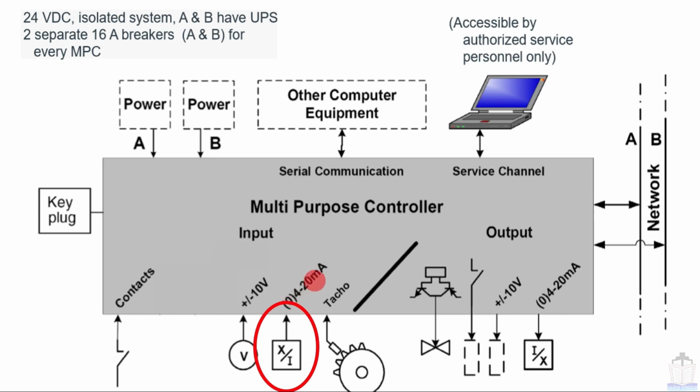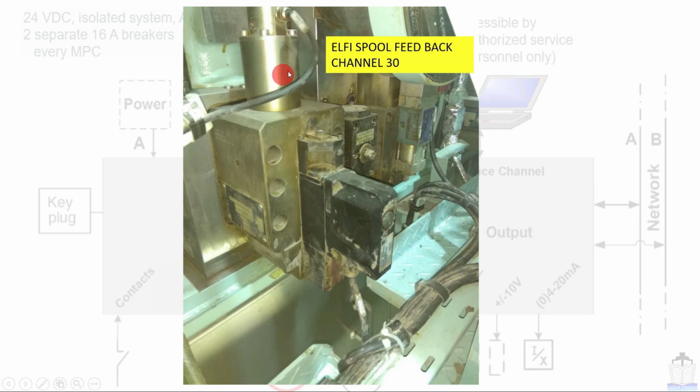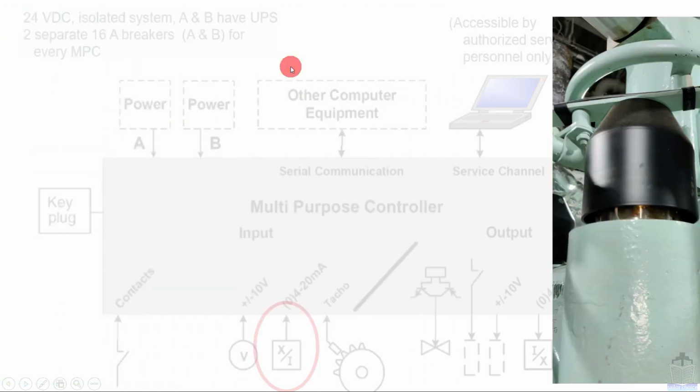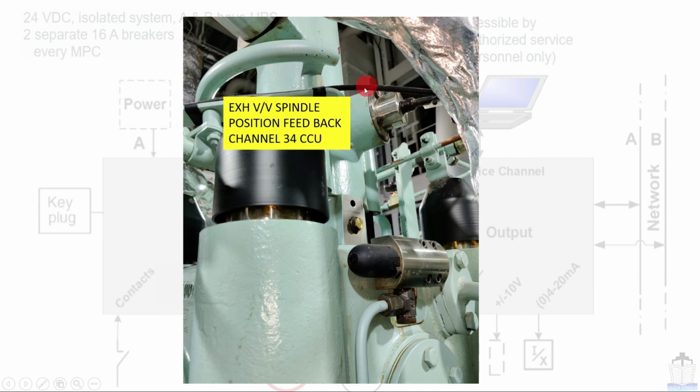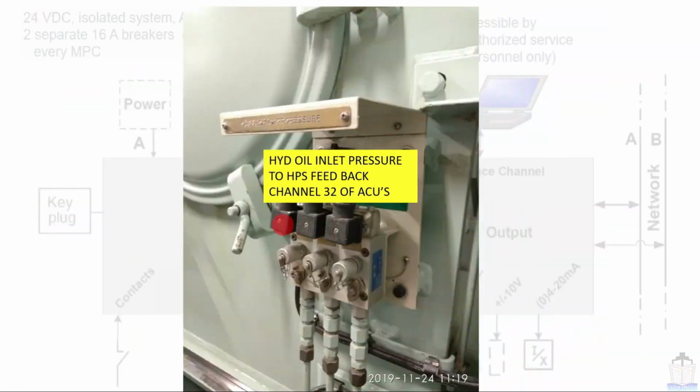Now here we will see some examples of this type of input. This is channel number 30, 4 to 20 milliampere input. Again, this is the exhaust valve spindle position feedback, channel number 34, CCU 4 to 20 milliampere input. This is hydraulic oil inlet pressure, around 2 bar, channel number 32 of all ECUs.